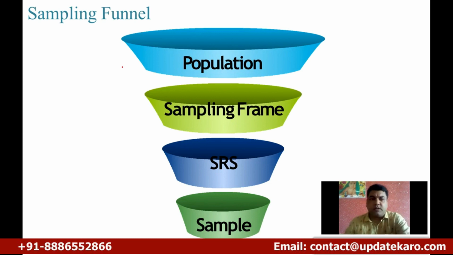And what is population? The population is nothing but the entire information or the entire data, okay, on which we are of course trying to do the analysis or study.